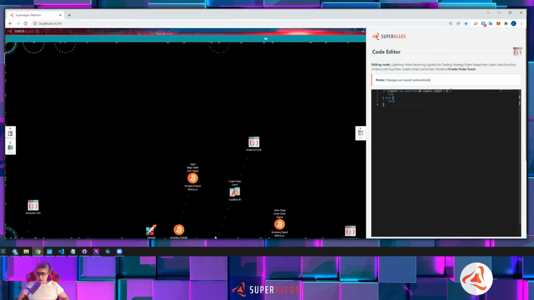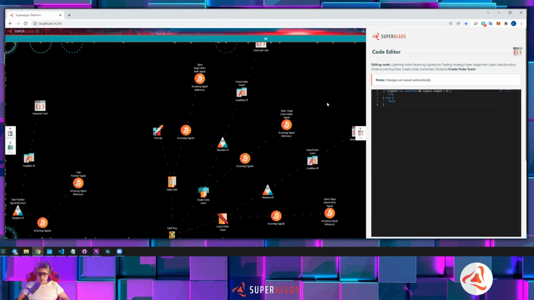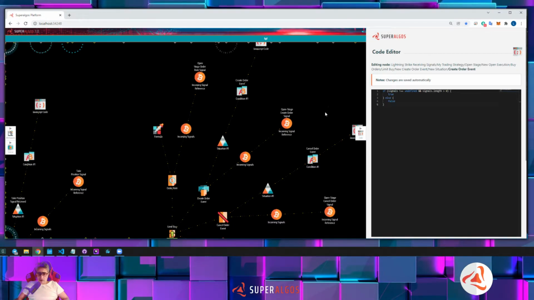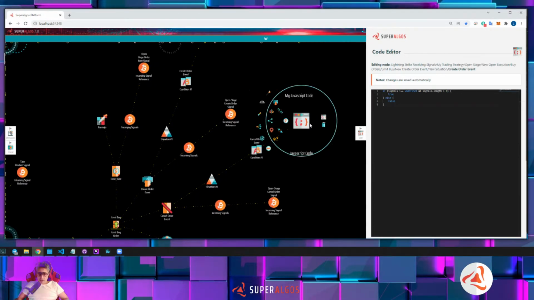So if there is a signal for this particular order, then it's going to create it. And exactly the same code we are going to use here in case we need to cancel the order. Okay.